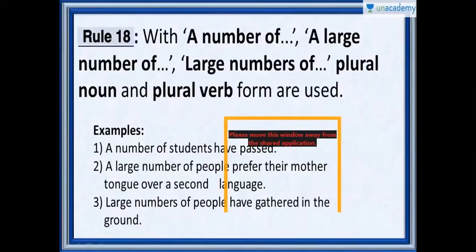Now, next rule. Write down. First write down, because this is also a simple rule.